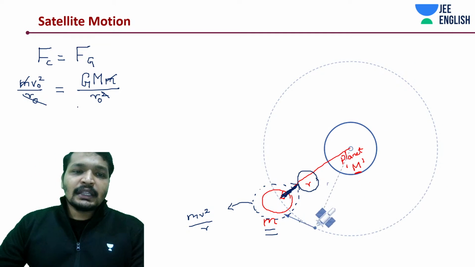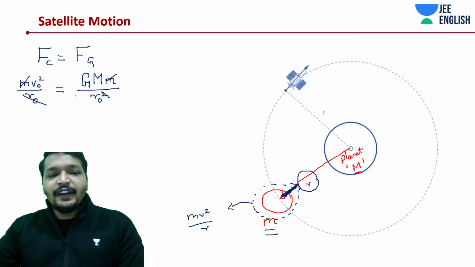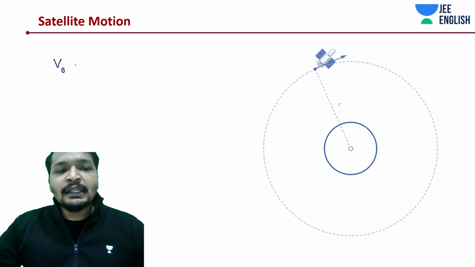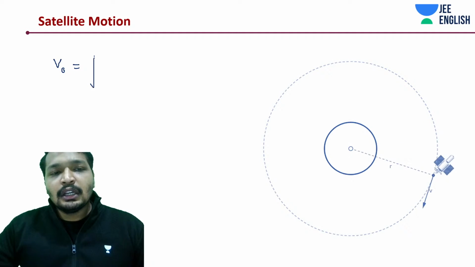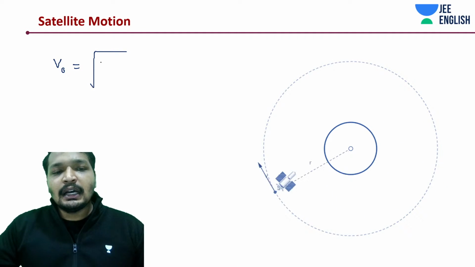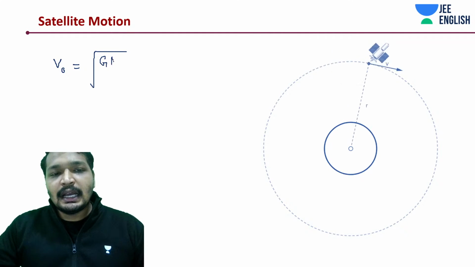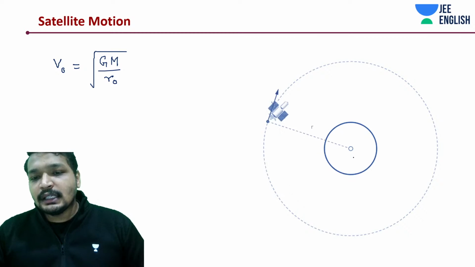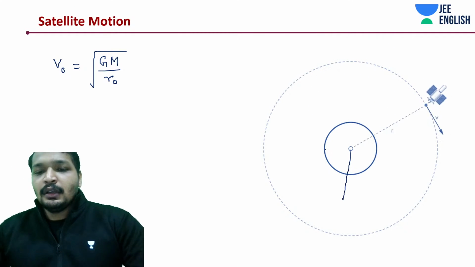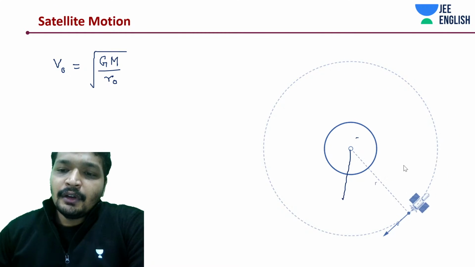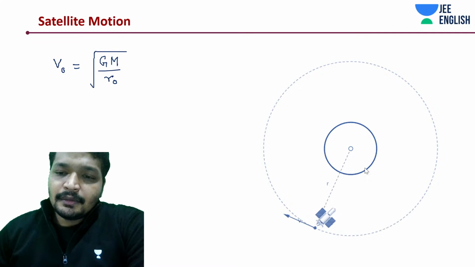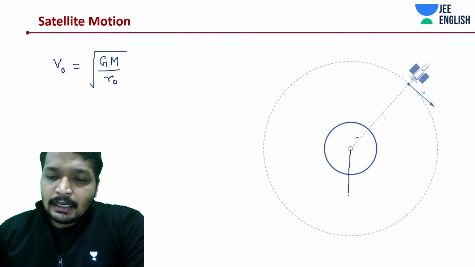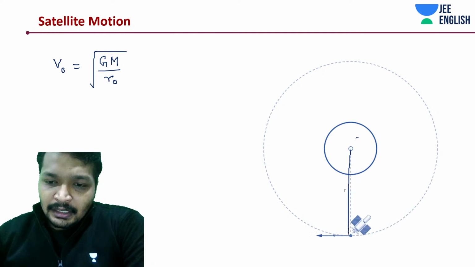Let me write down this expression on a fresh page. It's very important, students. It's under root, you remember the relation, I guess. If not, let me remind you: it's GM by r0, where r0 is the radius of the orbit, or more correctly the distance from the center of the planet.